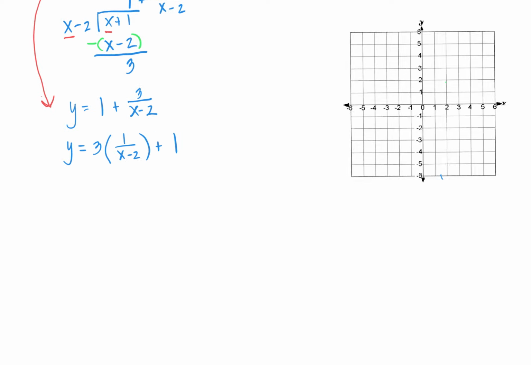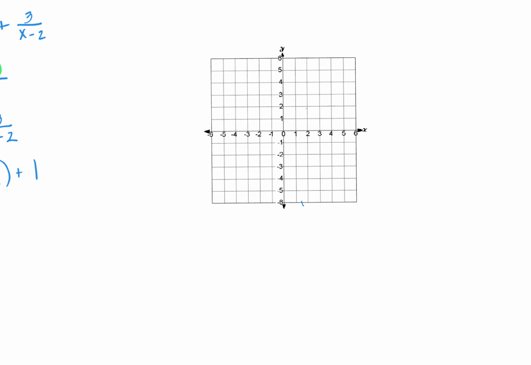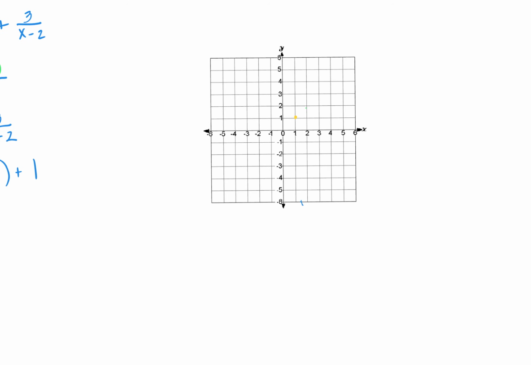Let's go ahead and graph our basic or parent function. It passes through 1, 1, and negative 1, negative 1. So it's the reciprocal function 1 over x. And then I have that x minus 2. I'm going to shift the 1, 1 over 2, so it's at 3, 1.